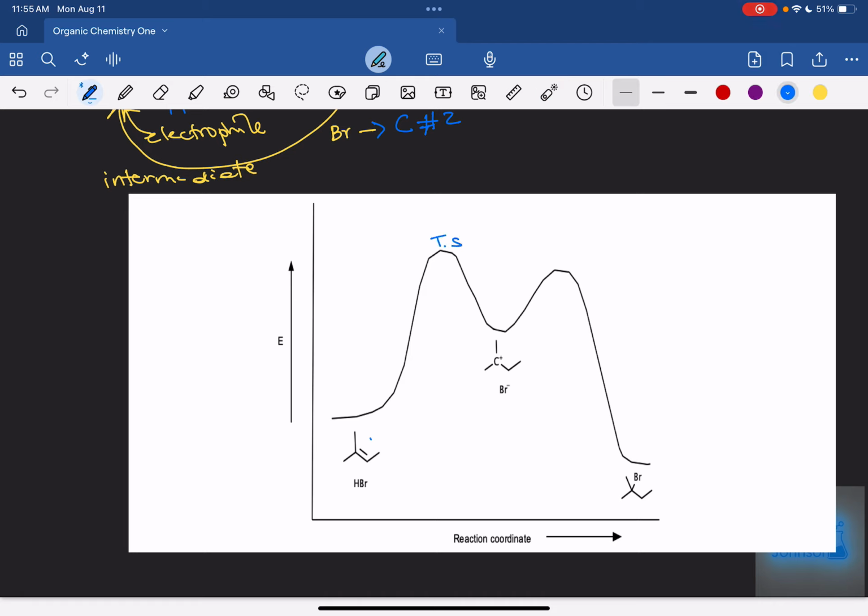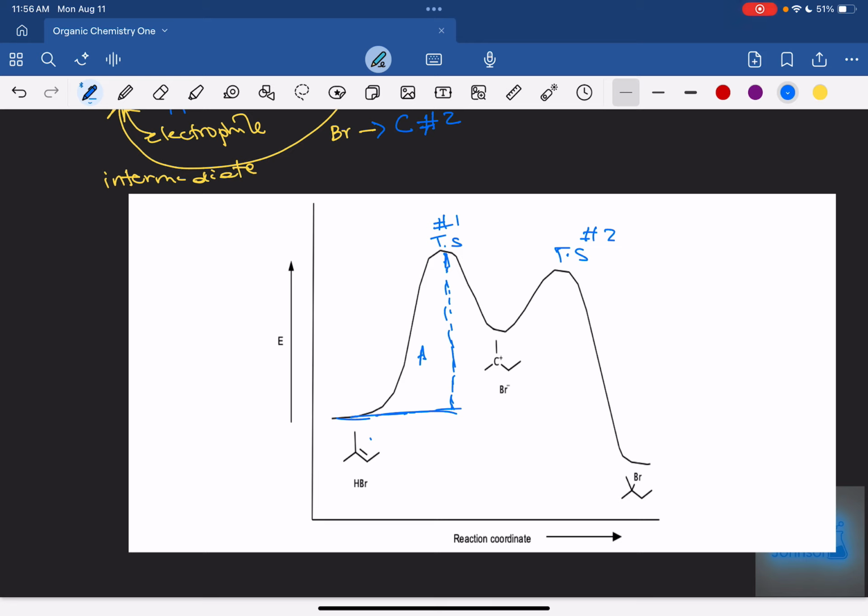This is transition state number one, which is for step one. This is transition state number two, which is for step two. So your humps are your transition states, right? The energy between your transition state and your reactants, this line right here, that's your activation energy, right?